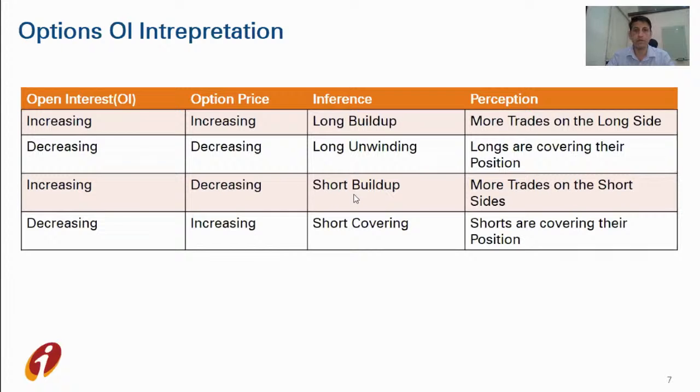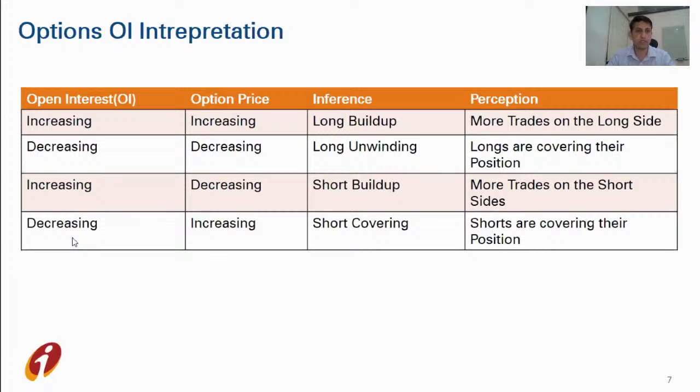So if the call is at 100 rupees or 150 rupees, they just keep shorting it continuously, opening contracts by initiating a short for that particular call. That's why shorting is getting aggressive in this third scenario.